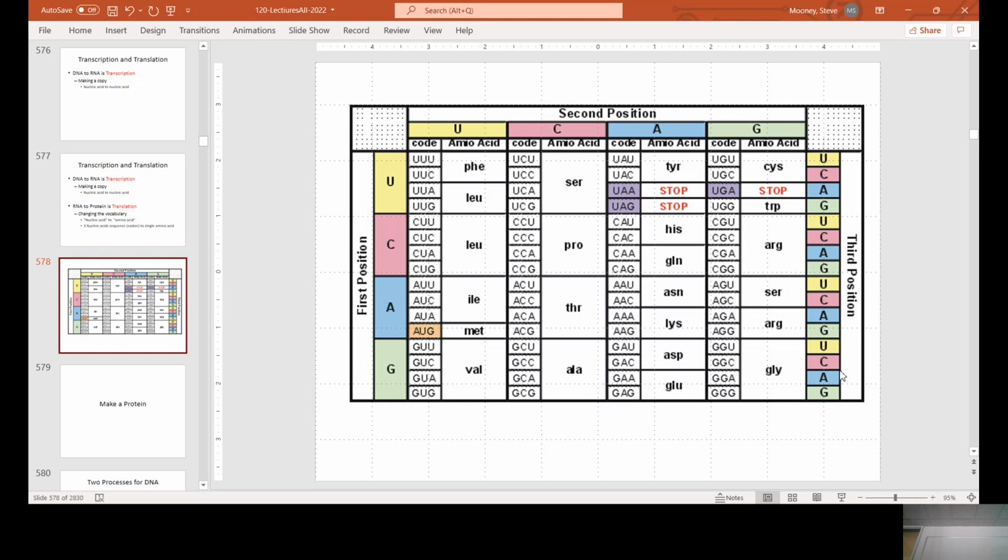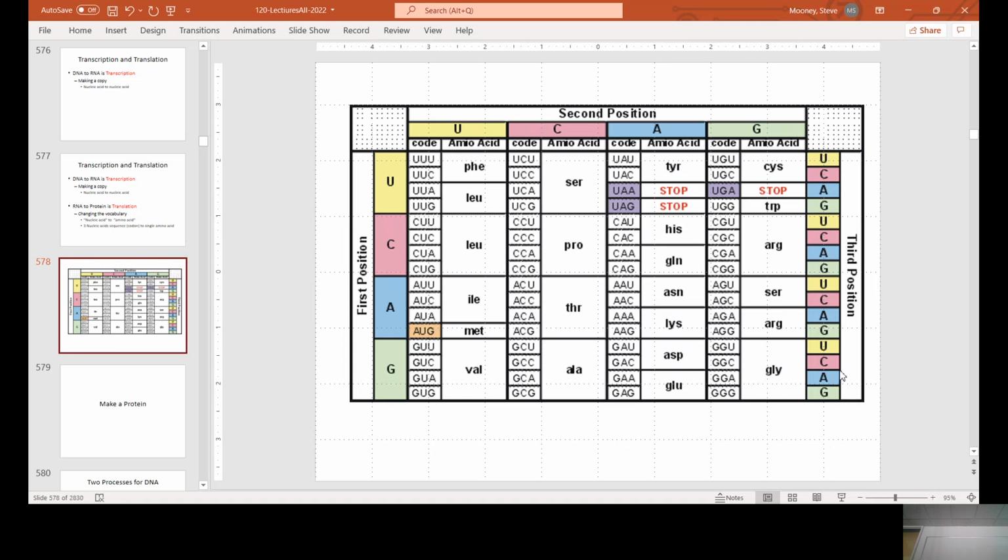We start here and then we rotate to the top and we determine what's in the second position. So we're dealing with columns now. So this column, all these codons have uracil in the second position. This column, cytosine in the second position. This column, adenine.